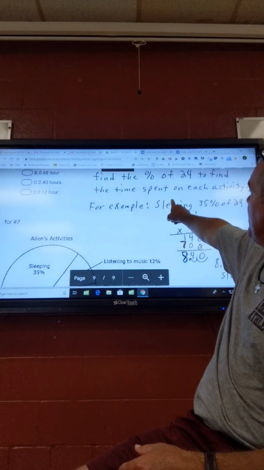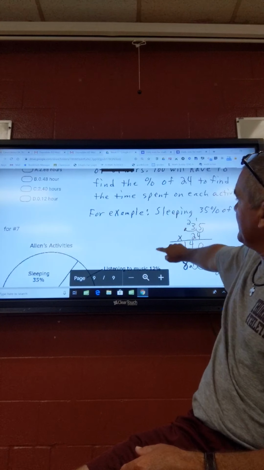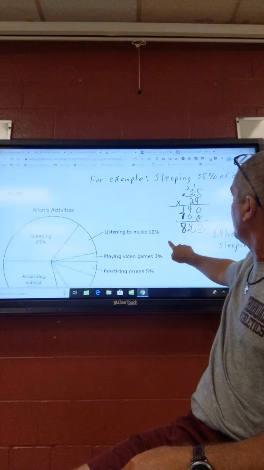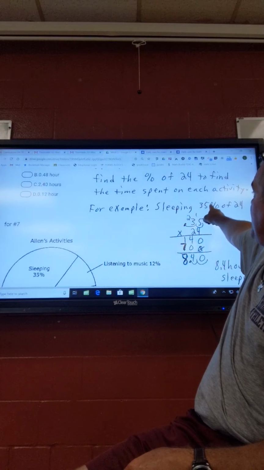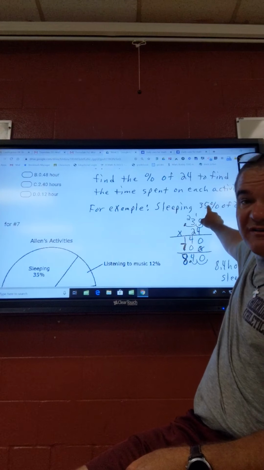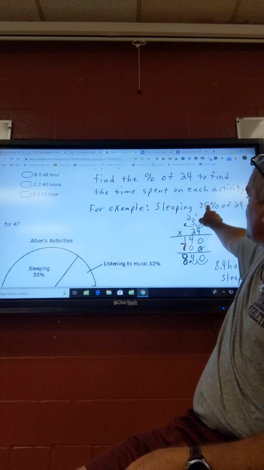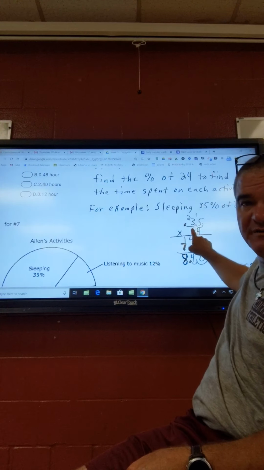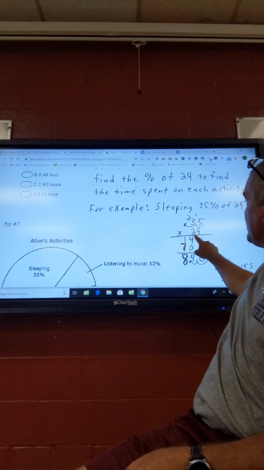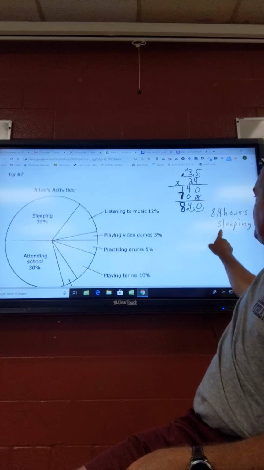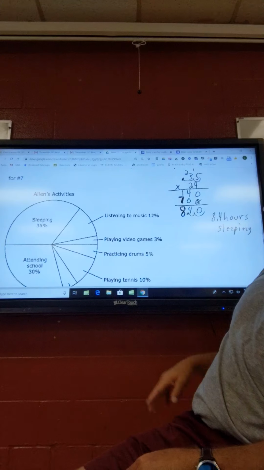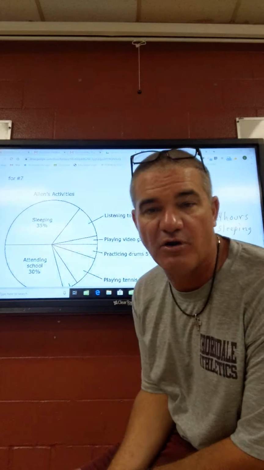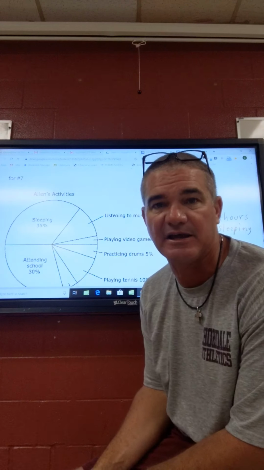In the example I gave up here, sleeping is 35% of the 24 hours. So I take my percent, turn it into a decimal, 0.35, and multiply it by 24. 0.35 times 24 equals 8.4 hours. So 35% of 24 is 8.4 hours of sleeping. That's how long he slept.